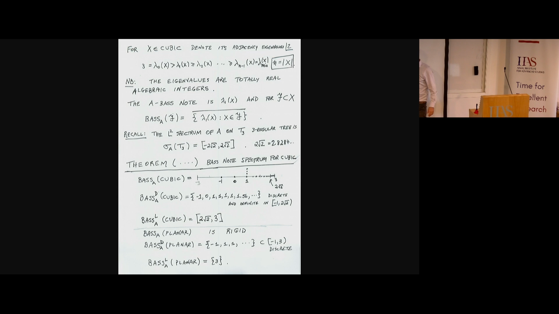You have to at least accumulate here, but there are infinitely many there, and that's what the base note spectrum is. So this is a contribution of many people, and let's just review that, because there's something really exciting that happened just before the turn of the year. So at the very late moment in 2024, we're now in 2025, a paper was put on the archive that I want to tell you about.